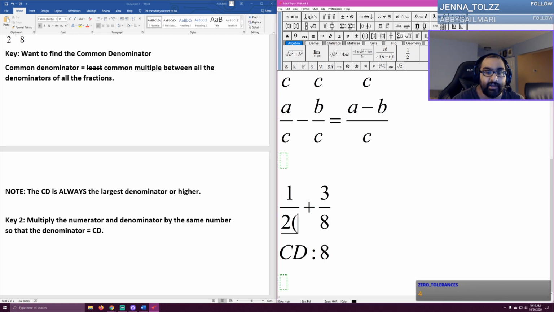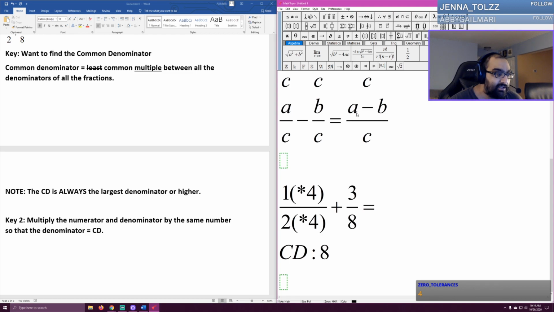Okay, that's correct. The answer is definitely 4. So we multiply by 4 here, and we also multiply by 4 here, because we're balancing everything out. If we multiply the denominator by 4, we multiply the numerator by 4 as well.